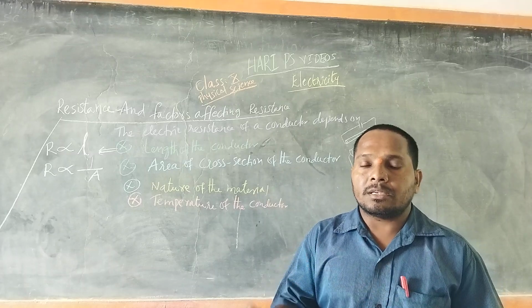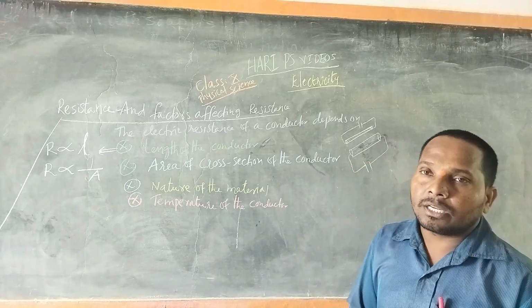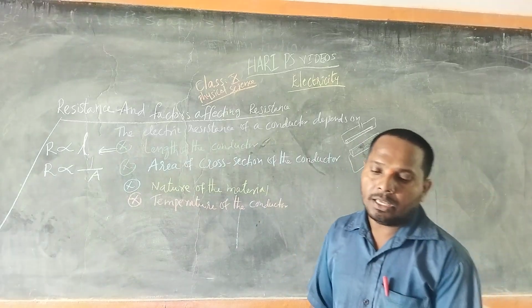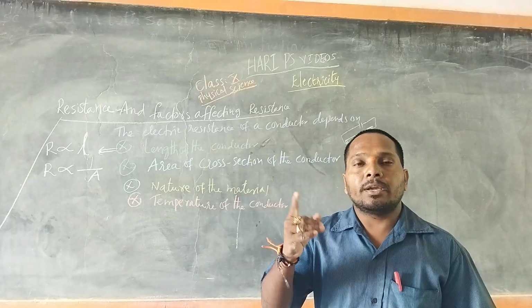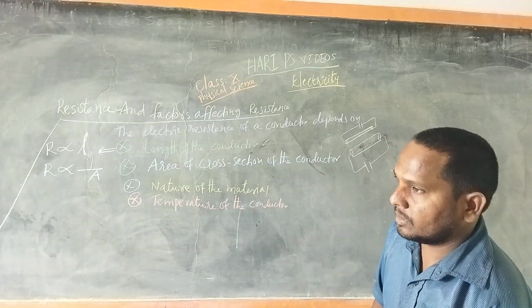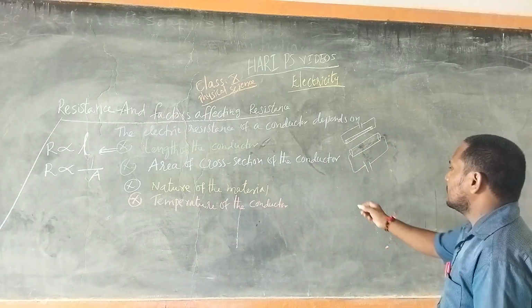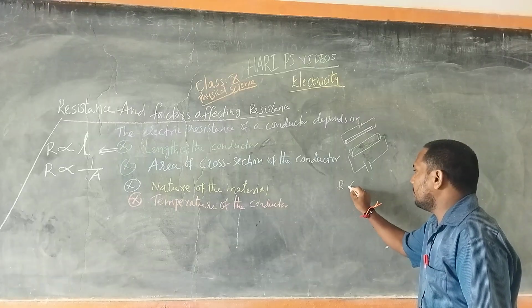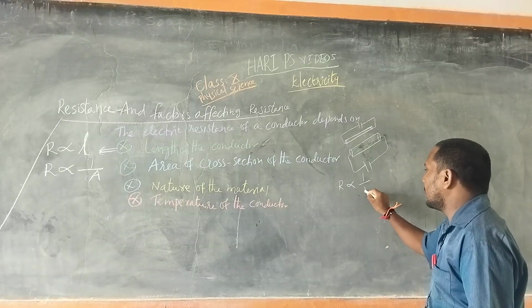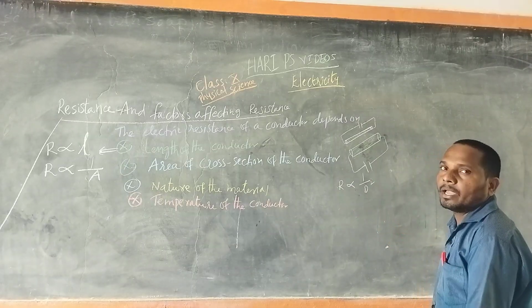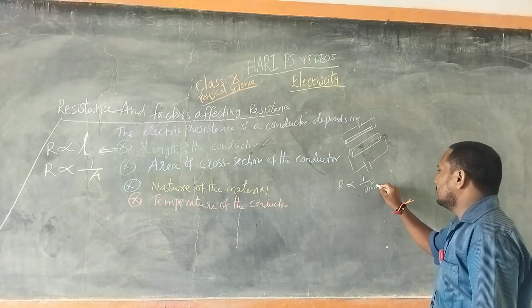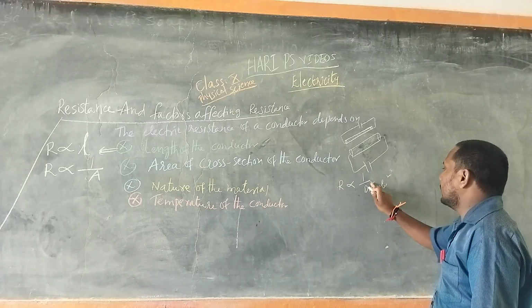So the resistance of the wire is inversely proportional to the square of its diameter. For example, R is proportional to 1 by d square, diameter square.